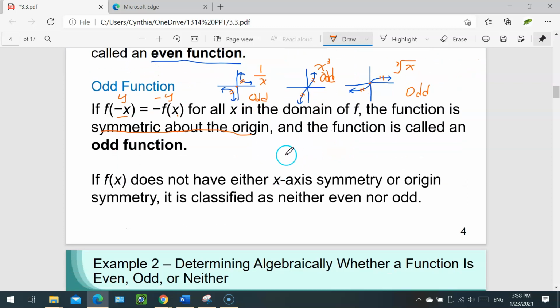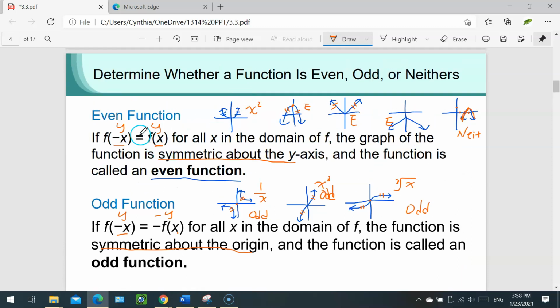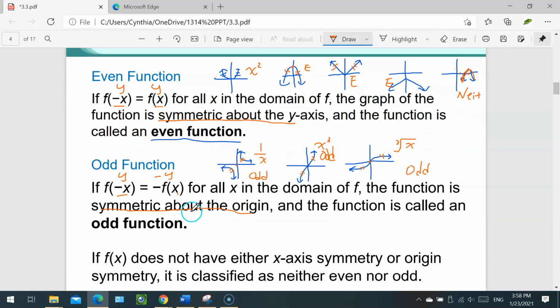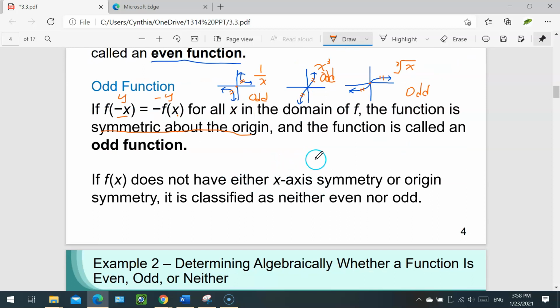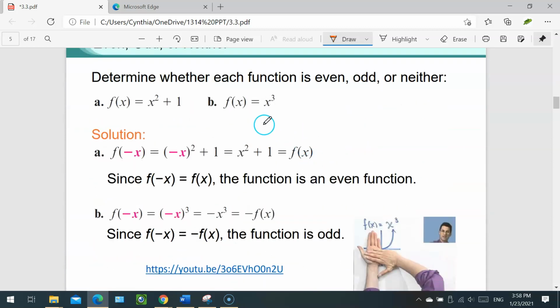So when the graph doesn't have symmetry about the y-axis or symmetry about the origin, in that case, they go with neither. If you look at this example, x power 2 plus 1.